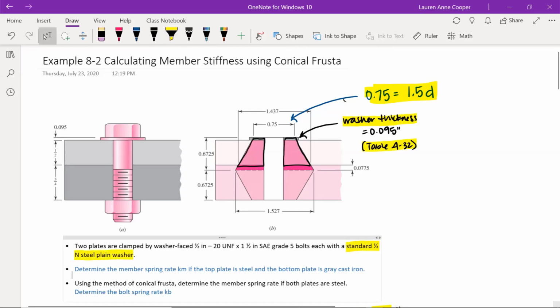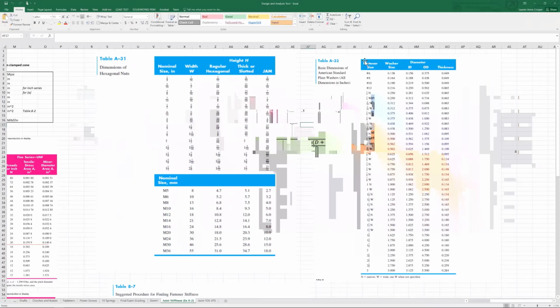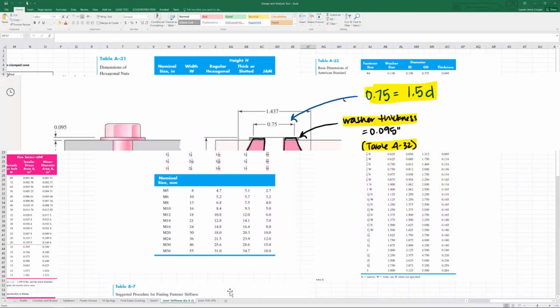So let me show you my tool. Table A32, basic dimensions of American Standard plain washers, all dimensions in inches. We go to 1/2 N, and it gives the washer size, inner diameter, outer diameter, and then the thickness of 0.095 inches. So table A32 should be in your analysis tool.